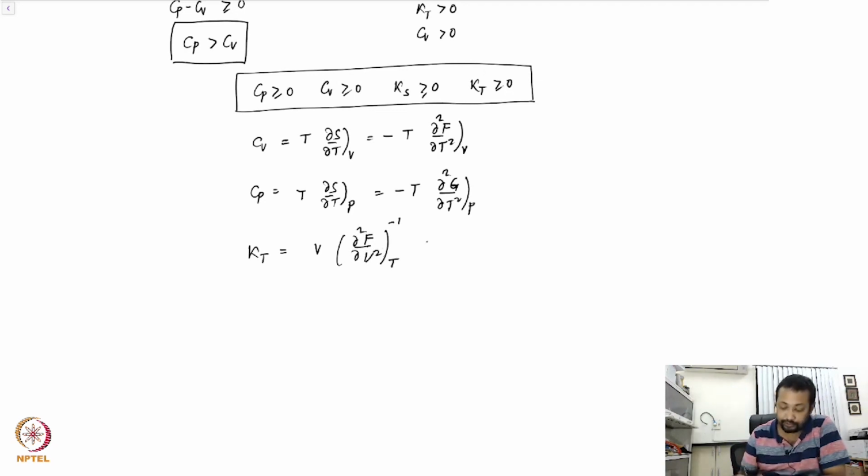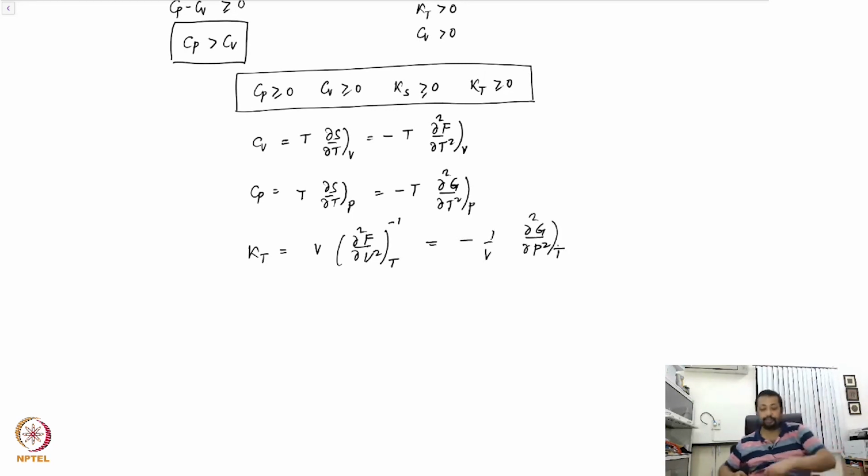If you want to write it in terms of the Gibbs free energy, it's minus 1 by V del 2G del P2 at constant temperature, right? So Cv is greater than or equal to 0 and kappa T is greater than or equal to 0, right?